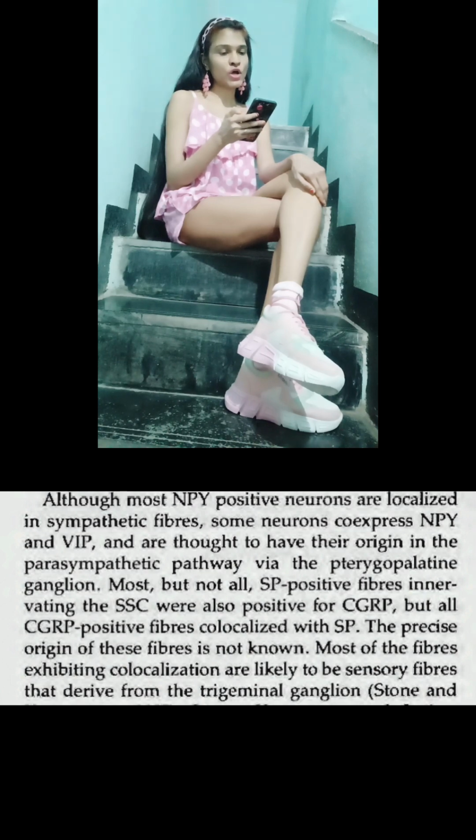Most, but not all, SP positive fibers innervating the SSE, that is, scleral spur cells, were also positive for CGRP. But all CGRP positive fibers co-localized with SP. The precise origin of these fibers is not known.